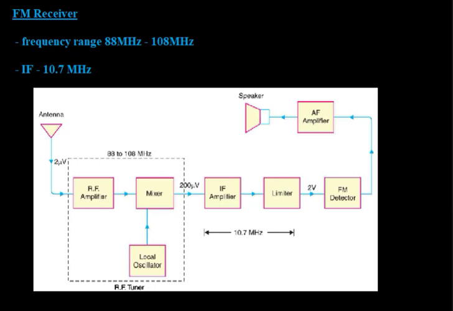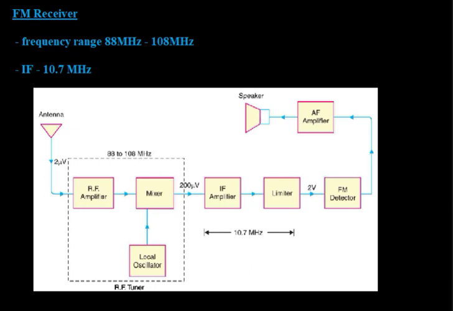Here we will not go into the details of the FM receivers and how the FM signal is converted into the corresponding audio signals. Such things we will not discuss here. We will just have a look at the overall block diagram of the FM receiver.